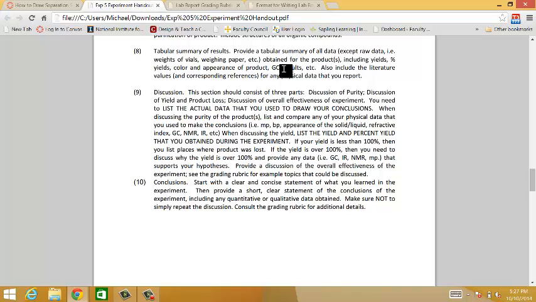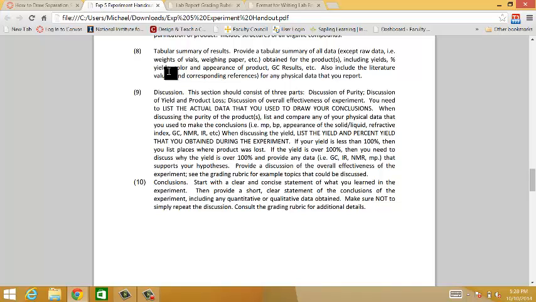So data obtained for the products, including the yields, the percent yields, color and appearance of the product. Again, that is a very important judge of purity. It's not quantitative, but it is qualitative. And then GC results, which we'll have this time, melting points, boiling points, etc. And whenever you give me a piece of data as a result that has a literature value going with it, you should report that.